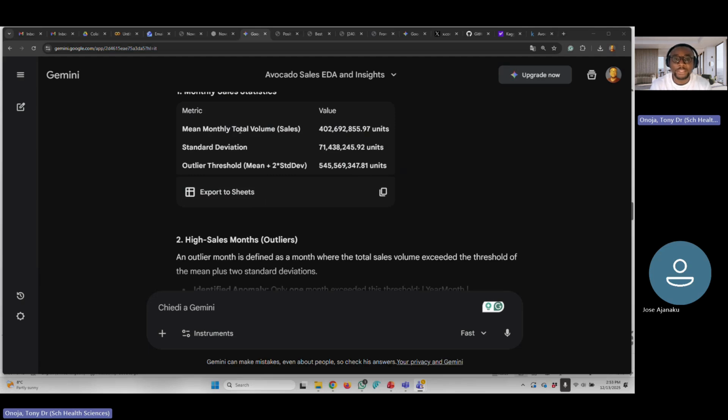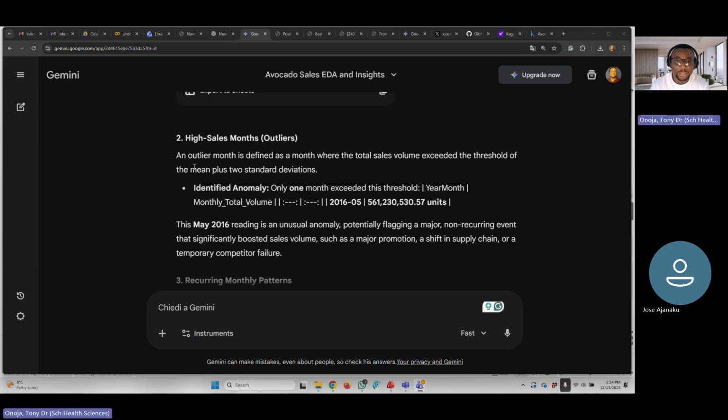The mean monthly total volume is around 402 million, 692,000 units. The standard deviation is around 71 million, of course, and the outlier is around 545 million, 569,347.81 units.